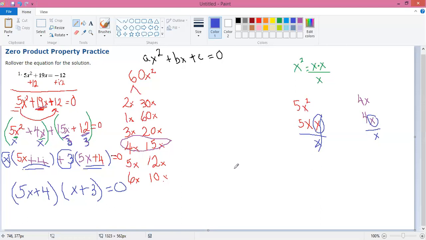And then the next step, that's when you put parenthesis, 5x plus 4, parenthesis, and then parenthesis again, x plus 3, parenthesis, equals 0.